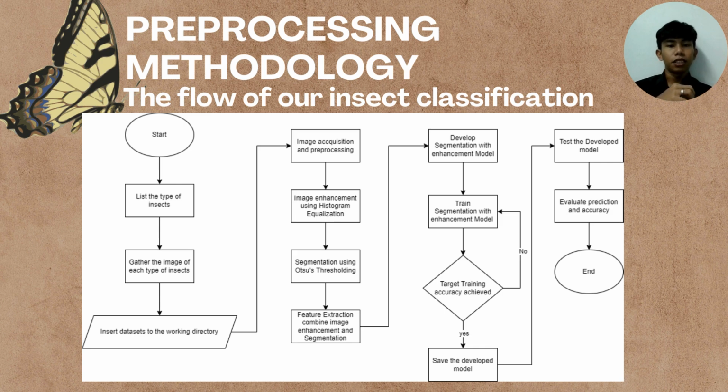Next, develop the segmentation with enhancement models. After that, we train the segmentation with enhancement model. If the target training accuracy is achieved, we save the developed model. If not, it will go back to training. Next is to test the developed model, evaluate prediction and accuracy. After that, the end of the pre-processing.